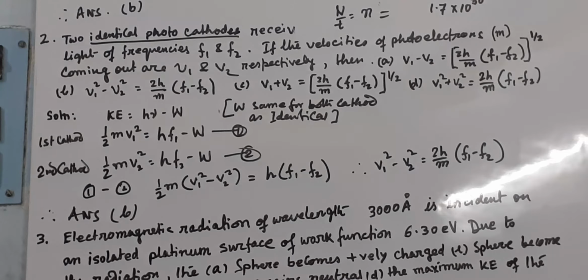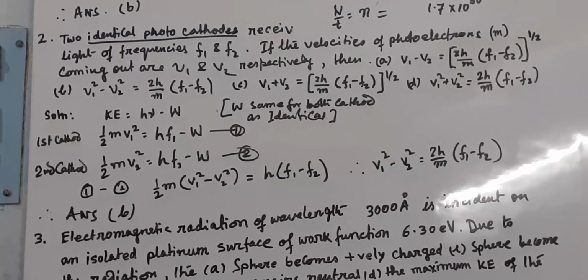In a similar manner, half m v2 square will be h f2 minus w, where w is the work function. The difference between these two gives half within bracket v1 square minus v2 square equal to h within bracket f1 minus f2, and then v1 square minus v2 square is twice h over m within bracket f1 minus f2. This relation is available in the answers, so answer B will be the choice.